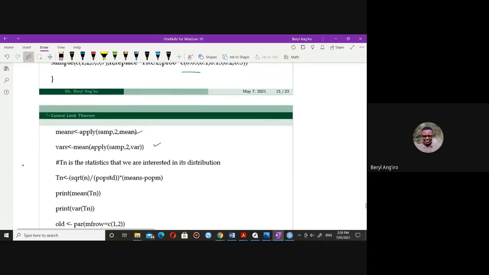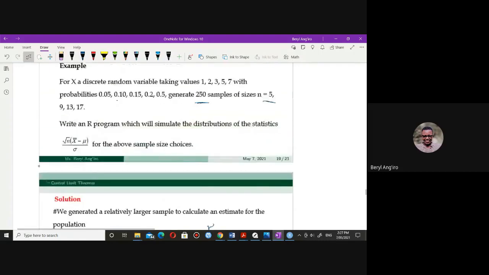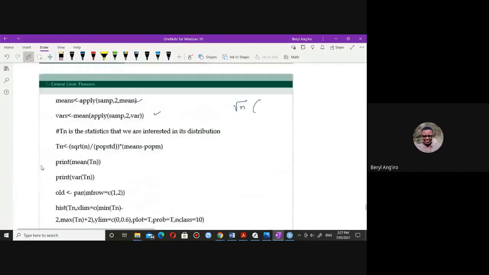Now that we are using the central limit theorem, Tn is the statistic that we're interested in its distribution. So the formula here is the square root of n times x bar minus mu divided by the standard deviation.